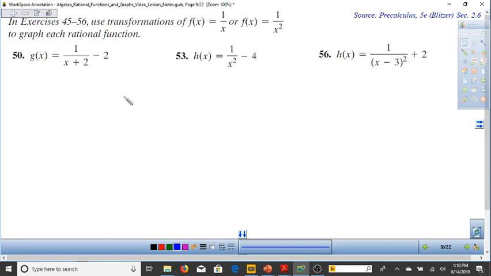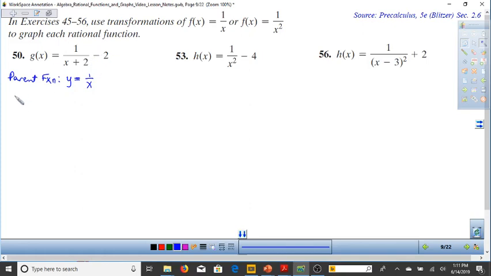Now, in this case, since we're adding to the x in the denominator, our parent function, fxn is short for function, is y equals 1 over x. And then what we're doing is replacing the x with x plus 2, and then we're subtracting 2 from the whole thing.